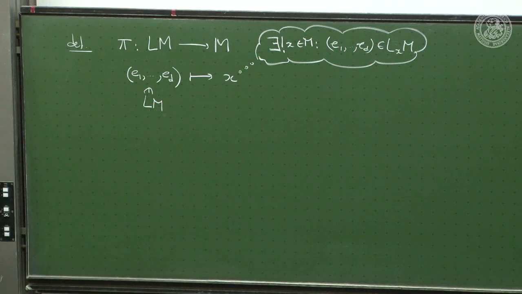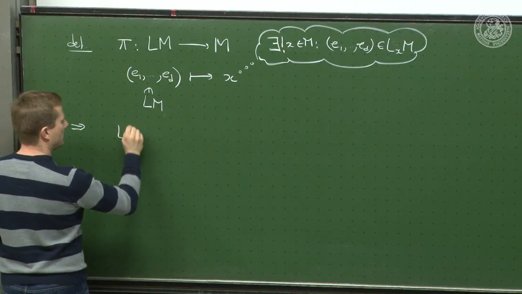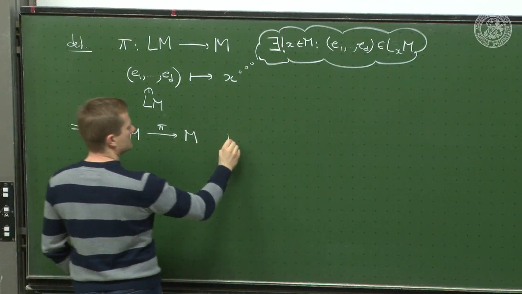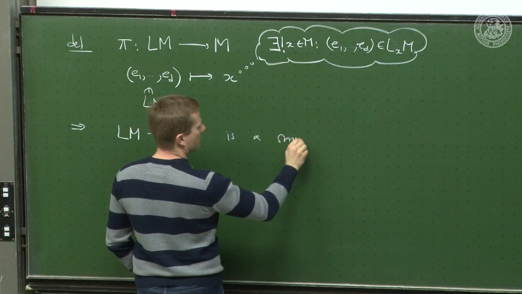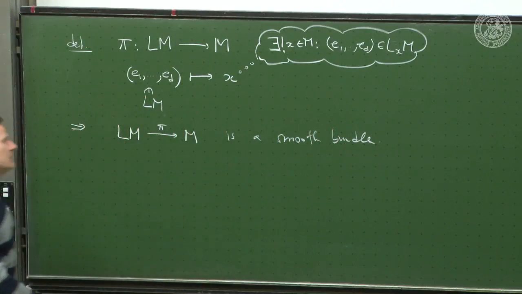And that's then the bundle projection. And so in total, we got that LM with this projection map down to M is a smooth bundle. So obviously, in order to really show this in detail, you have to check a lot of things, but this is the sketch of what you got to do.